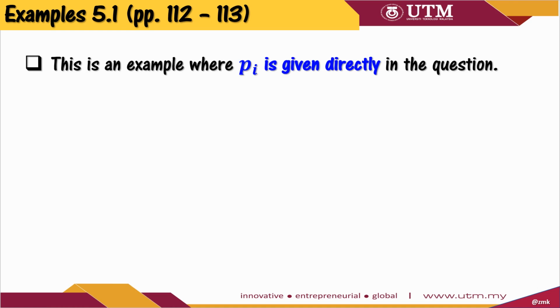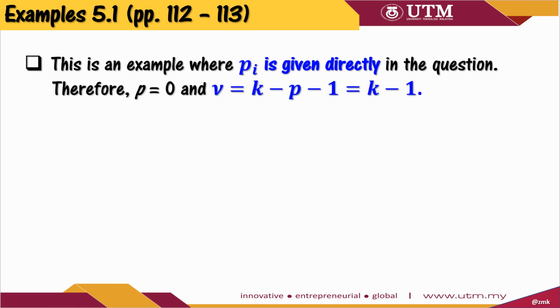In such a case, we know the Pi values. The number of parameters to be estimated, which is denoted by p, is then 0, which leads to the degrees of freedom nu equal to k minus 1.